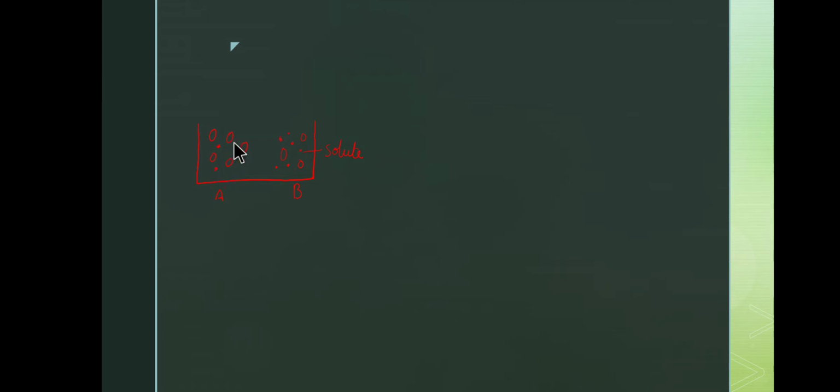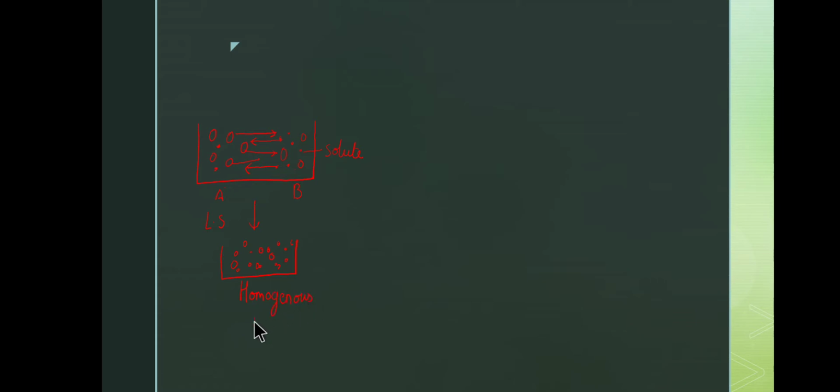Now both of them are going to move from their higher concentration to the lower concentration. Solute will move towards the left side, whereas solvent will move towards the right side. So there will be intermixing of the solute as well as solvent, leading to the formation of a homogeneous mixture.